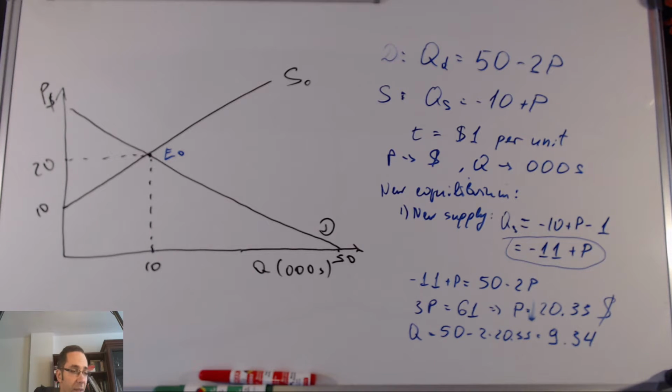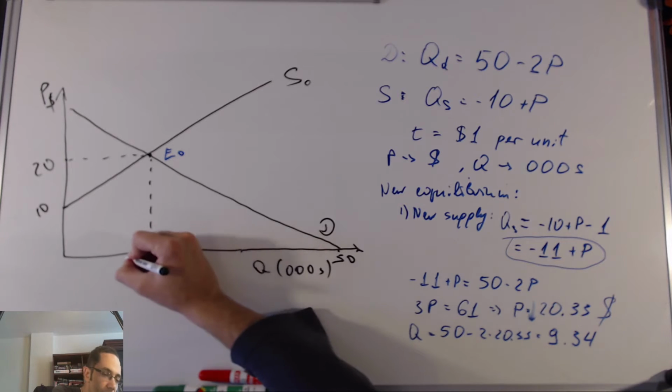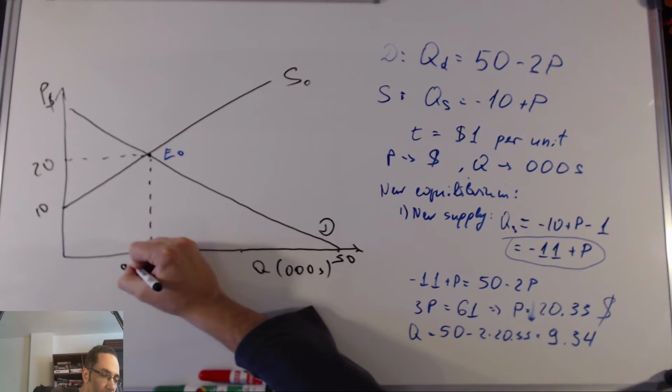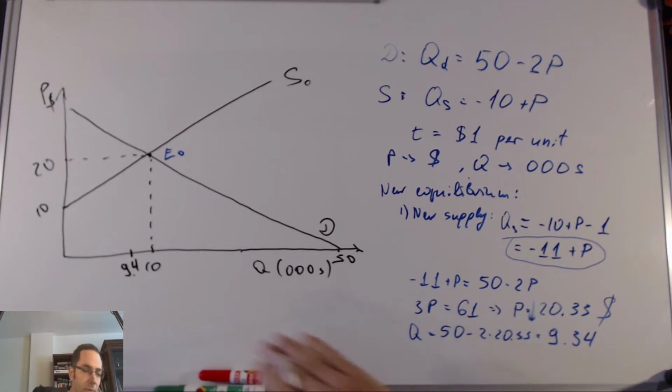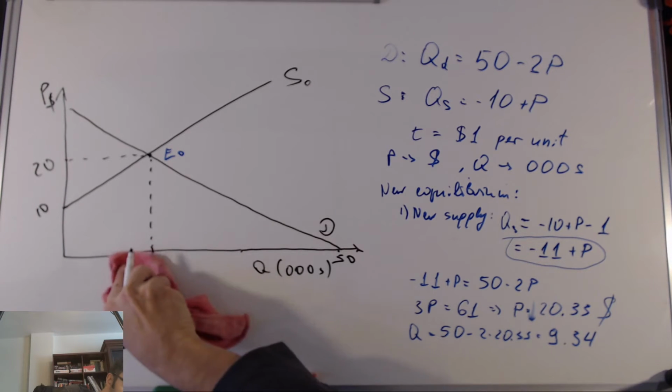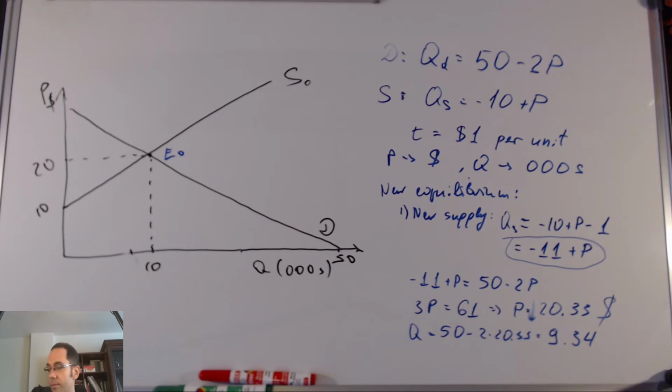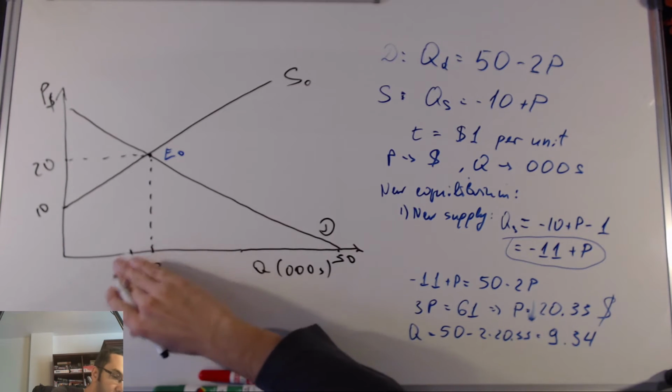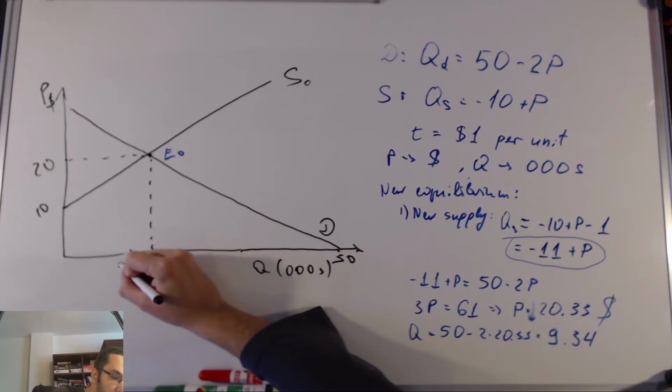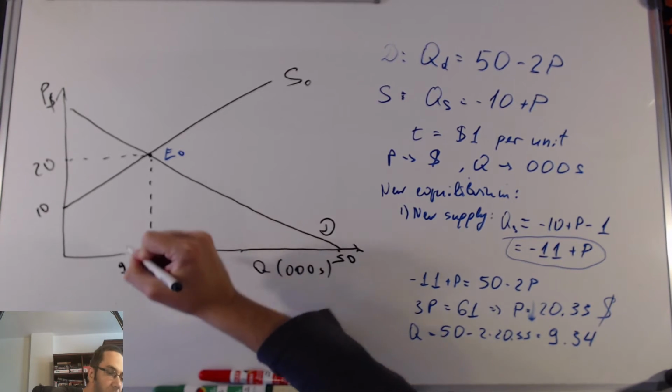Okay, so finding these points, let's say this would be 9.34.